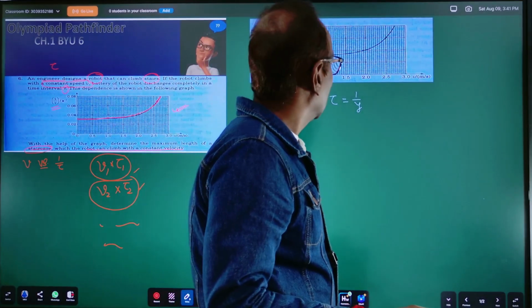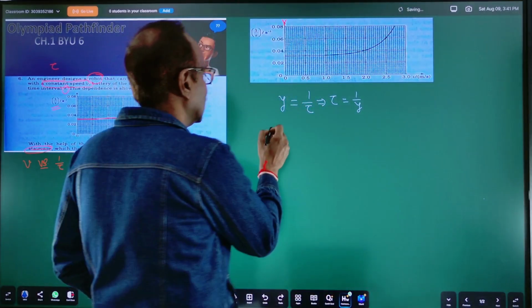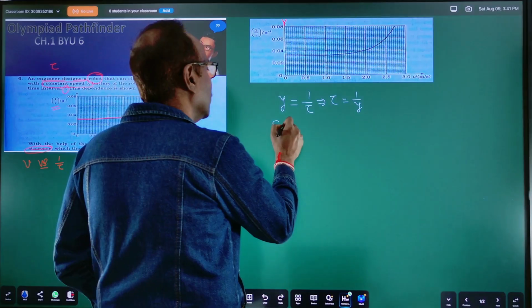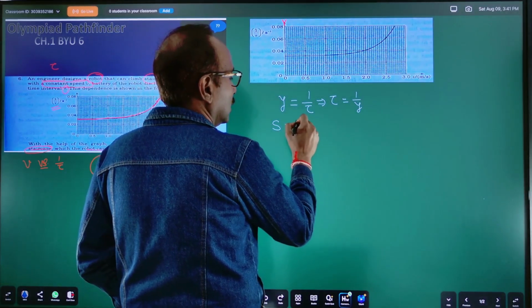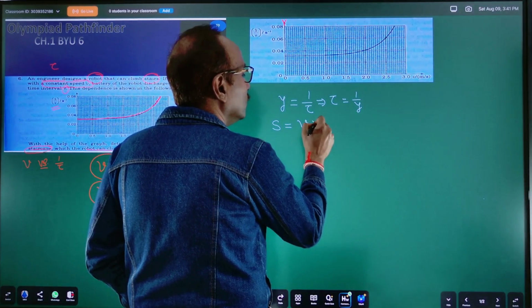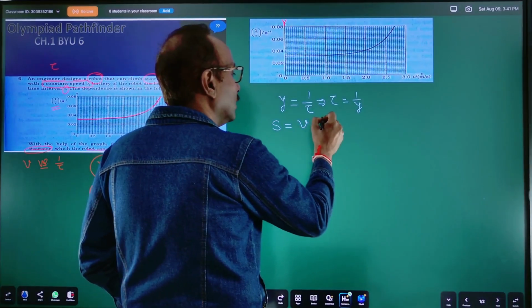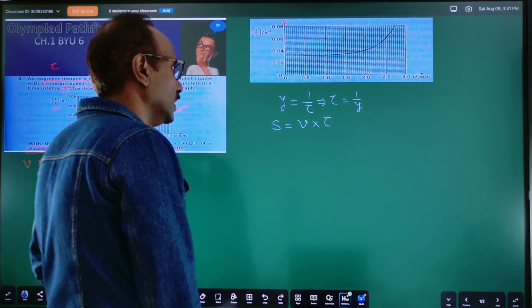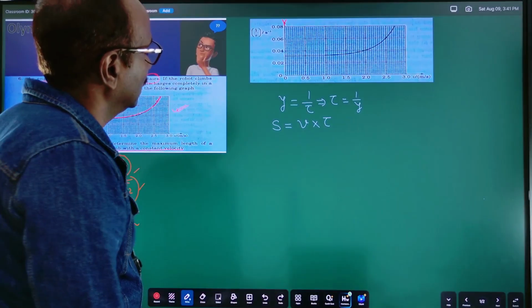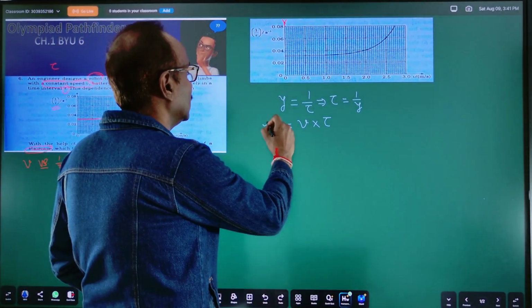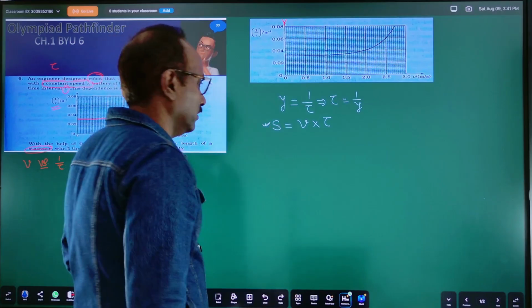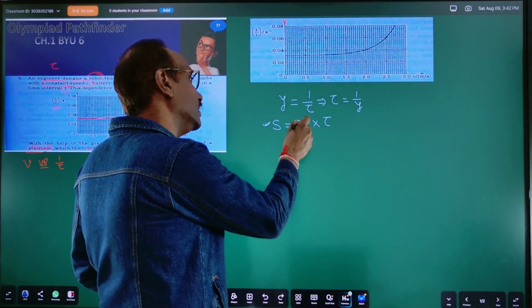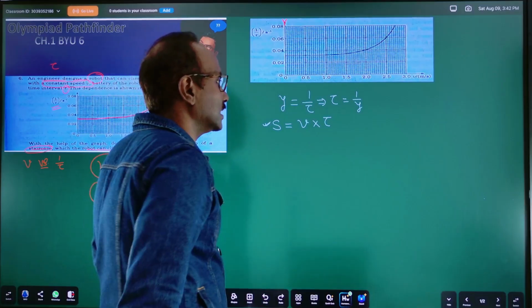The robot moves with a constant velocity. So distance or displacement by the robot will be v into tau, if tau is the time taken to discharge the battery of the robot fully. So v into tau will be the length or displacement or distance covered by the robot.